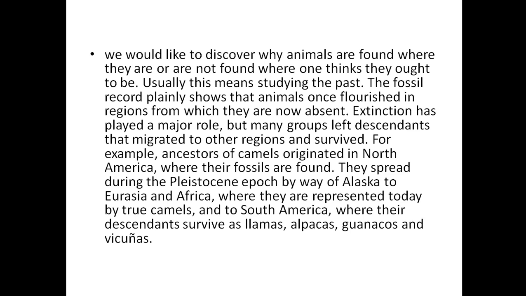To give a very good example, the camels. Actually, camels originated in North America. If you trace back the origin of the camels, that takes us to North America, where till today you can get some of the camel fossils. Many times the camel fossils are unearthed there.